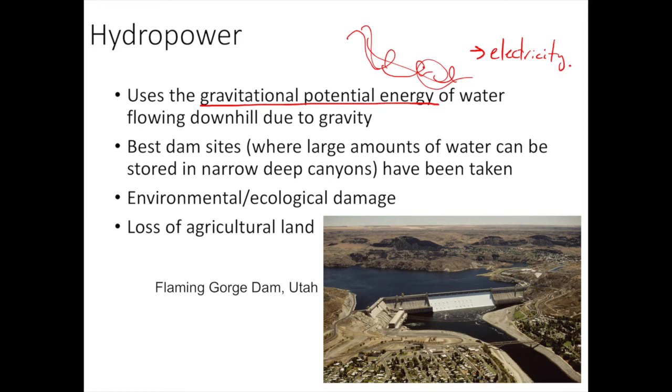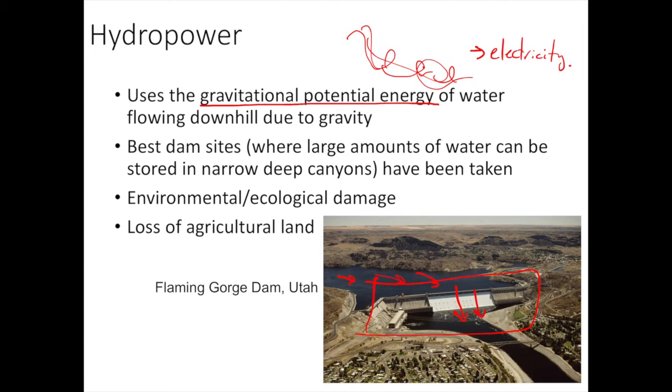So this is usually done in dams, right? You have water that's coming down, and then as it goes down the hill, you use that energy and you create electricity. So it's been around a while, and so basically all of the best sites have already been taken, right?